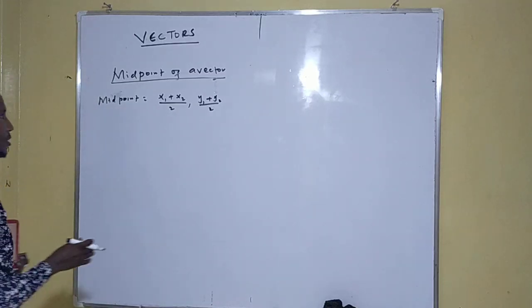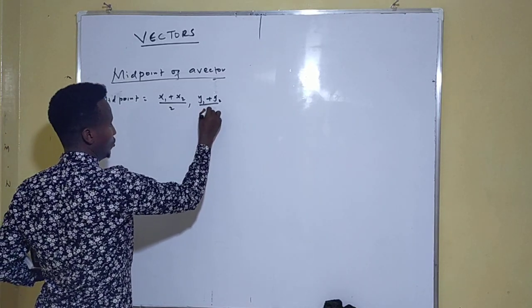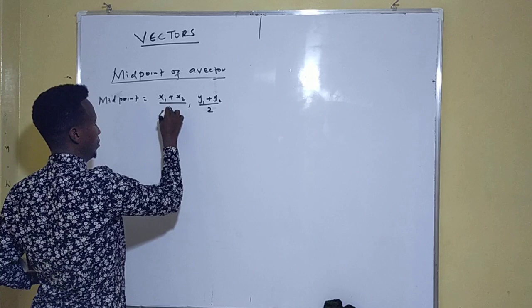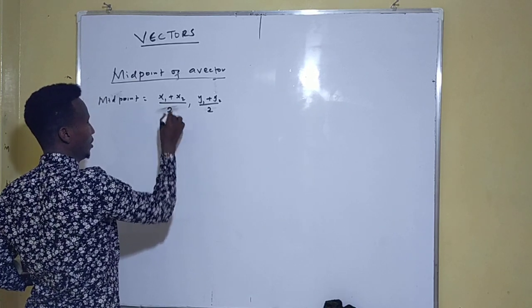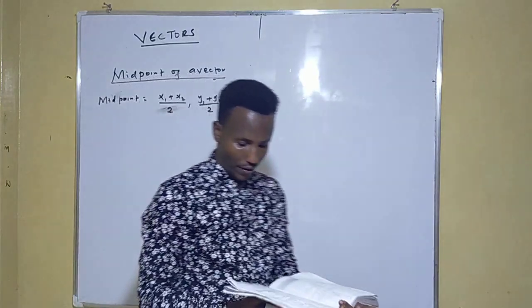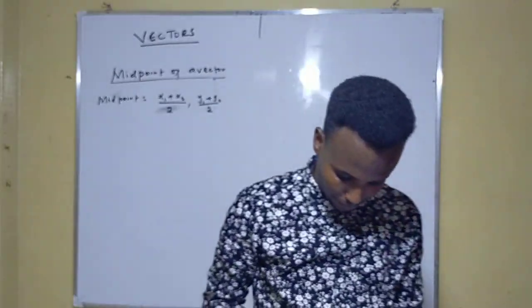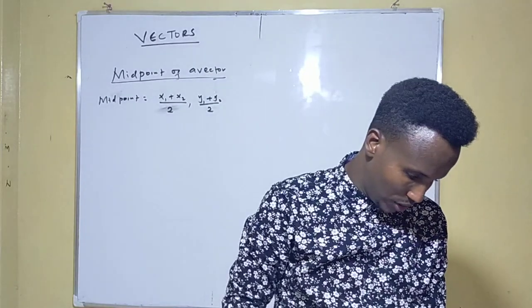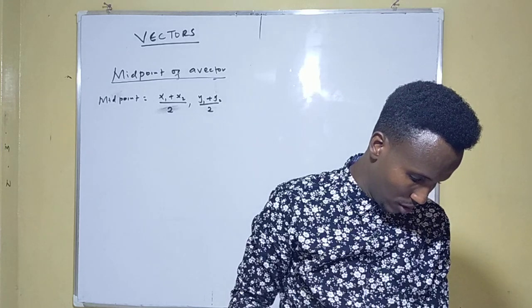Just understand that, divided by 2. So this is how we're going to get the midpoint of a vector. It's very examinable.